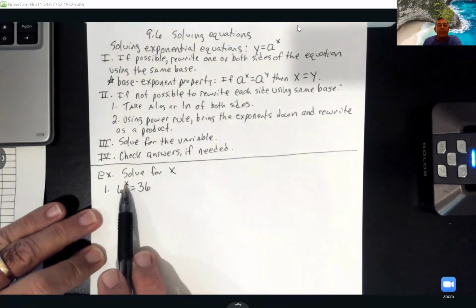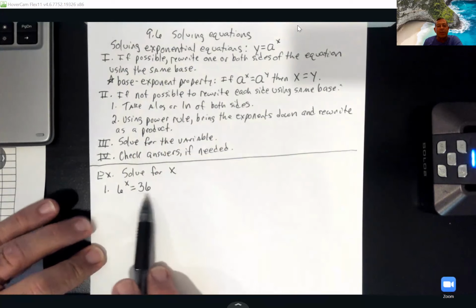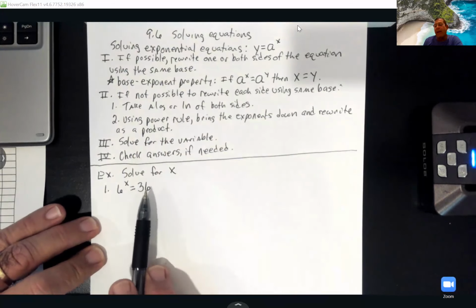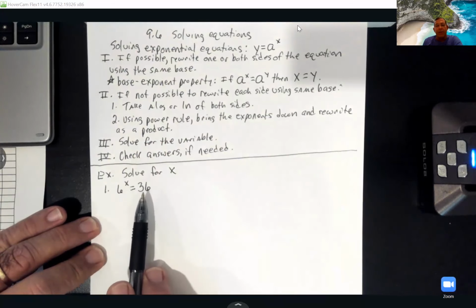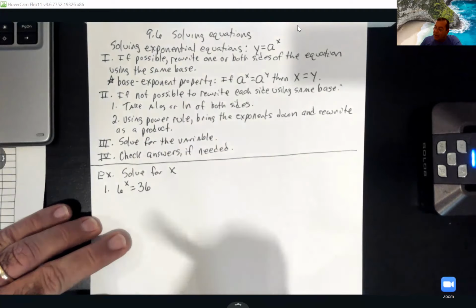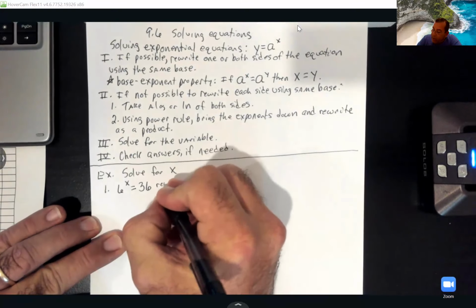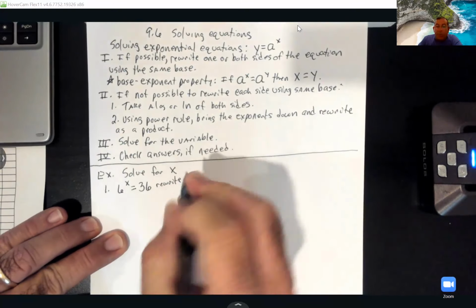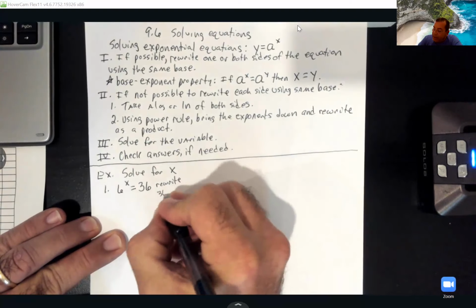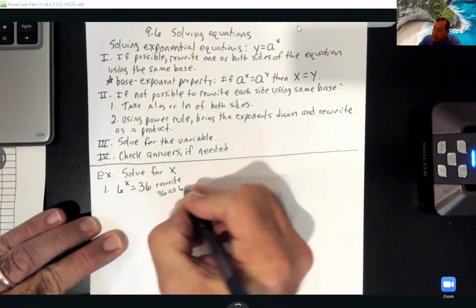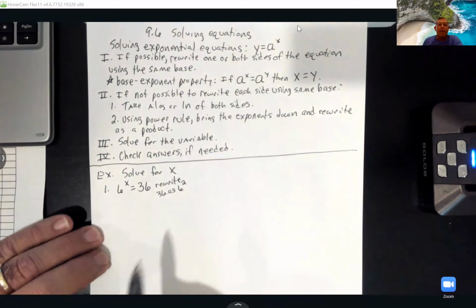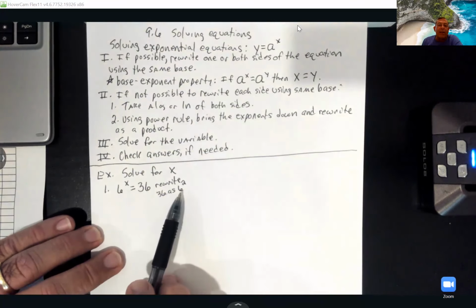So I got a 6 to the x over here, so I'm looking at this number 36, and I'm wondering if I can rewrite 36 using a 6 raised to an exponent. So on this one, I actually can. So what I'm going to do, I'm going to rewrite 36 as 6 squared.